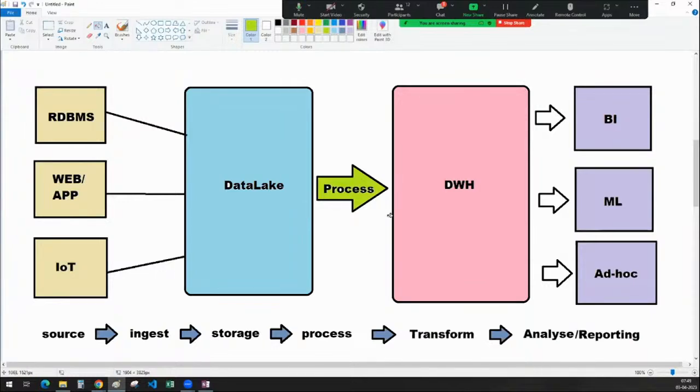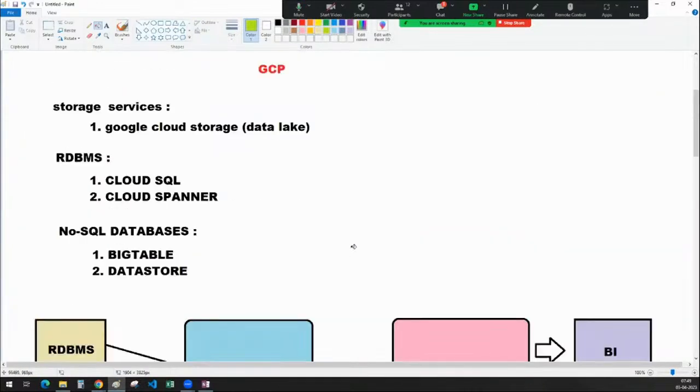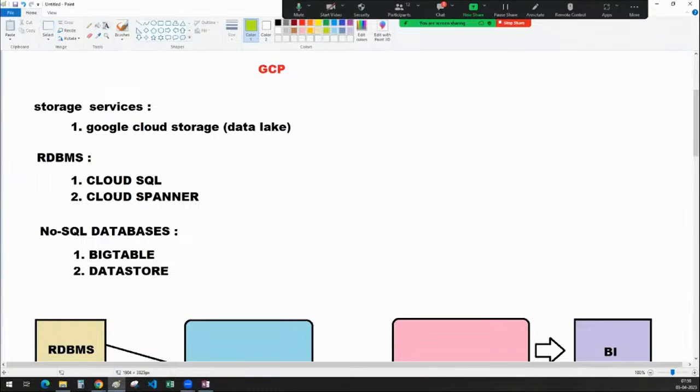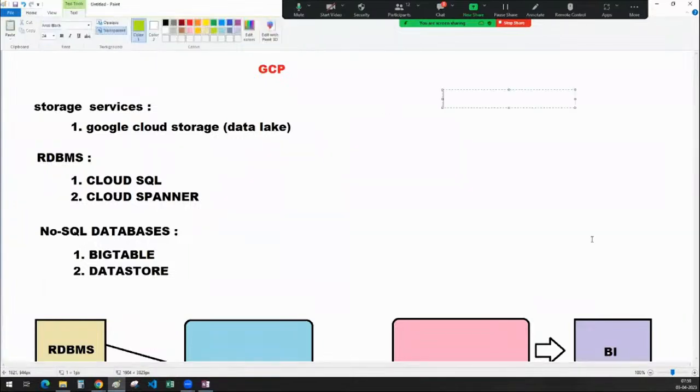Processing. What are the processing tools that we are going to learn in our session? If you ask me, I want to mention those points here. Okay. Data processing services. The first thing we are going to learn is Dataproc for Hadoop and Spark environment. Dataflow for Apache Beam with the Apache Beam programming model.